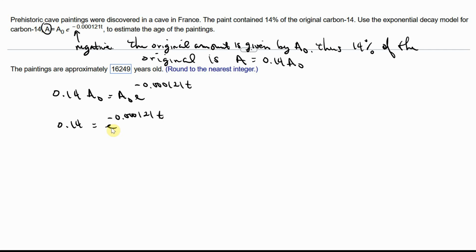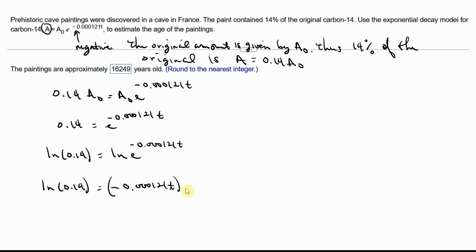Since we have exponential form, we take the natural log of both sides. Natural log of 0.14 is equal to the natural log of e to the negative 0.000121 t. And that's times the natural log of e, which is just 1.